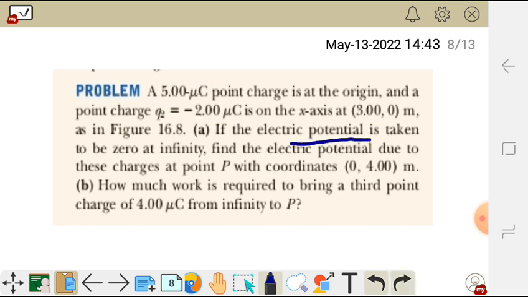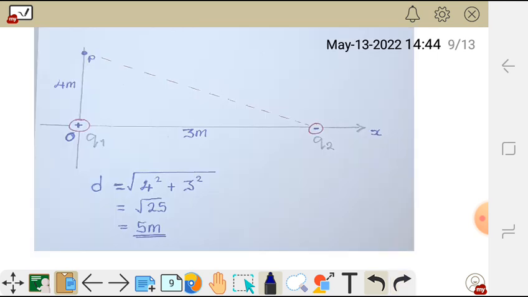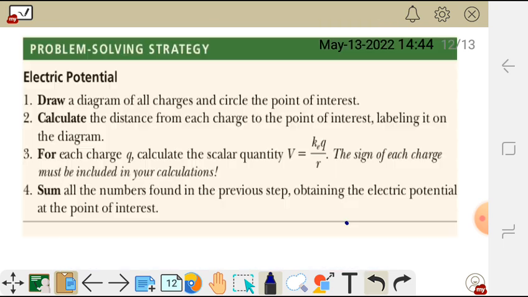If the electric potential is taken to be 0 at infinity, find the electric potential due to these charges at point P with coordinates (0, 4) meters. Part B says how much work is required to bring a third point charge of 4 microcoulomb from infinity to P. To solve this question, we are going to use these problem solving strategies.